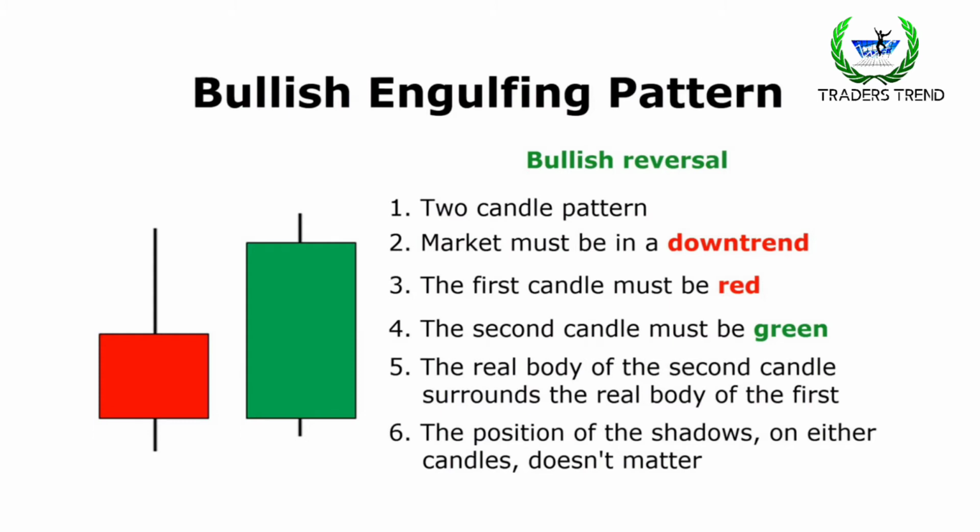The position of the shadow on either candle does not matter, but the second candle will cover the first candle. The real body becomes big compared to the first candle.